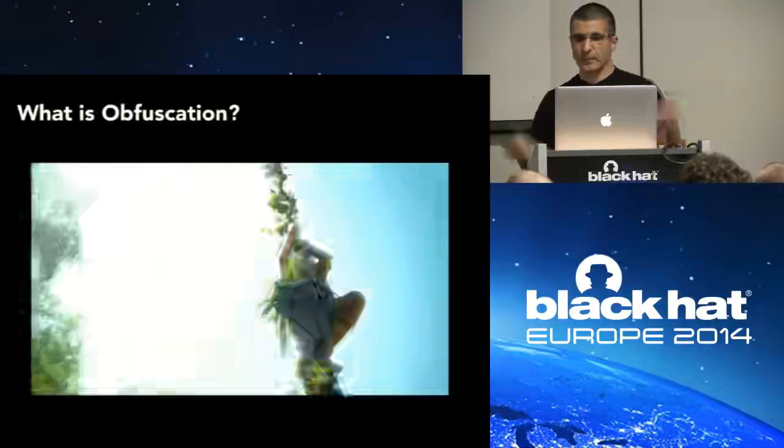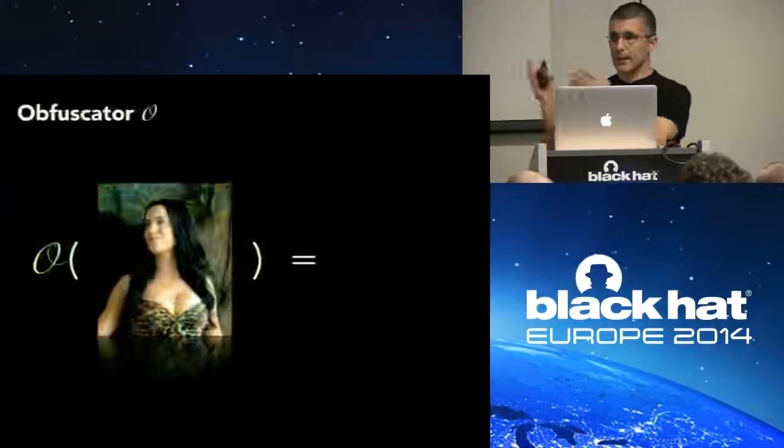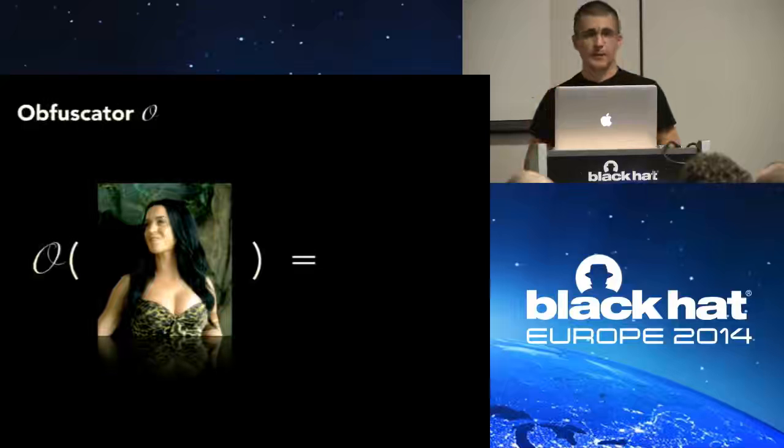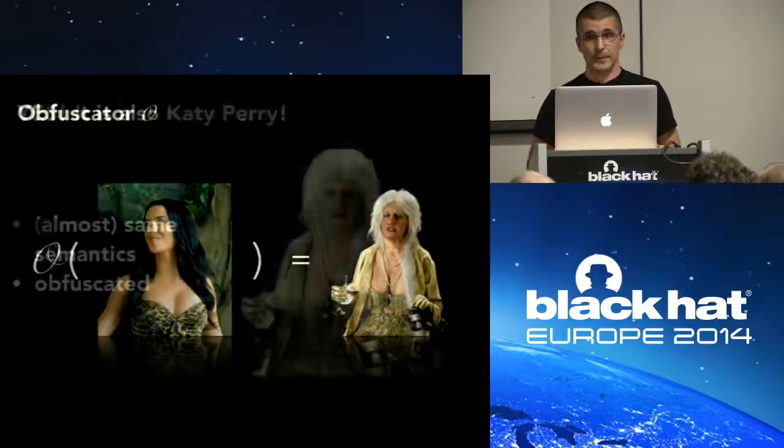What is obfuscation? I will take an example. I will take an application, and in my case, this application is Katy Perry. I will take an obfuscator O, and I will apply this obfuscator to my application Katy Perry, and I will see what I get. Do you have an idea? No? Yes? I get another Katy Perry.